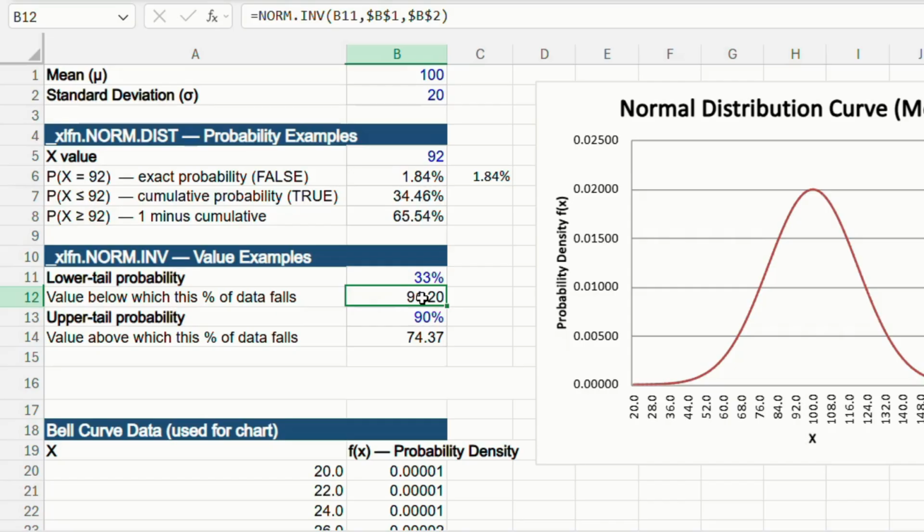About 33% of students scored below 91.2, and the remaining 67% scored 91.2 or higher.